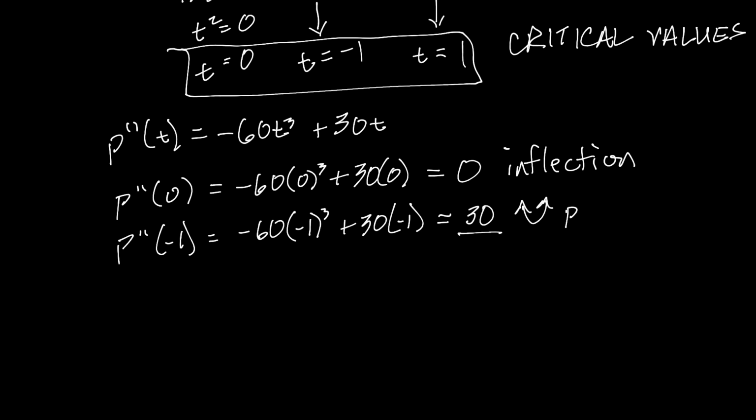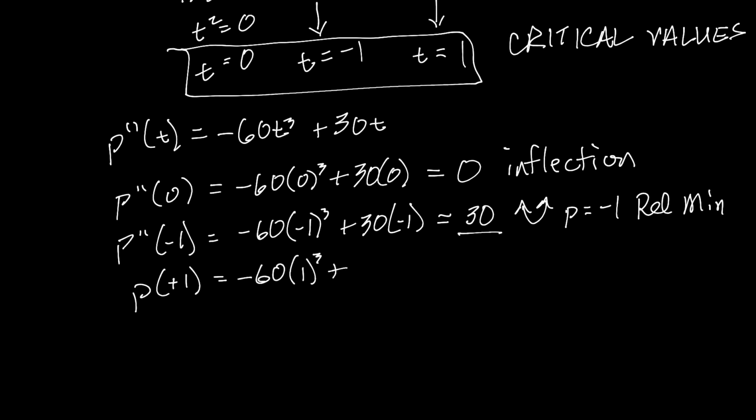So at p equals negative 1, I have identified a relative minimum. I'll write that in there. And last but not least, p of positive 1. So that's just negative 60 times 1 cubed plus 30 times 1. So now we're looking at a negative 60 here plus 30.